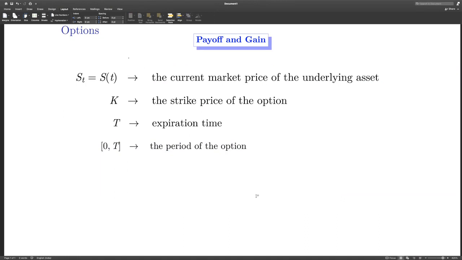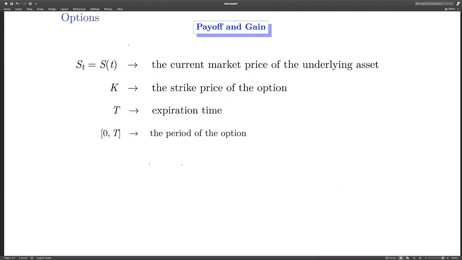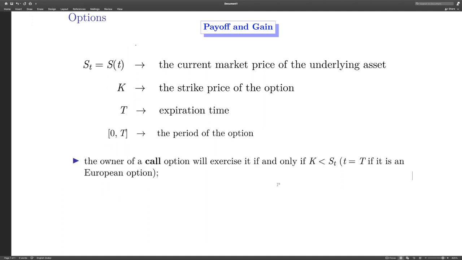Since the holder of the option has no obligation to exercise the contract at the expiration, the holder will choose to exercise the contract only if it is favorable to him or her. For instance, in call option, the holder exercises the option if and only if the strike price is less than the spot price of the underlying asset. Why? Because if you recall, in the call option, the holder has right to buy the asset at the price K, that is the strike price.